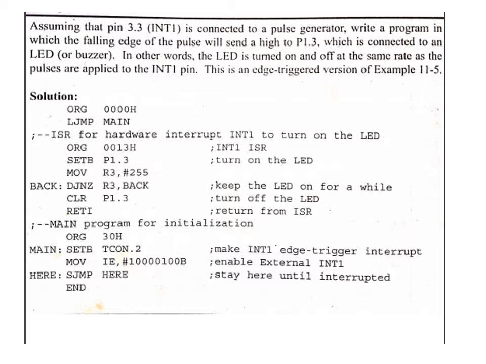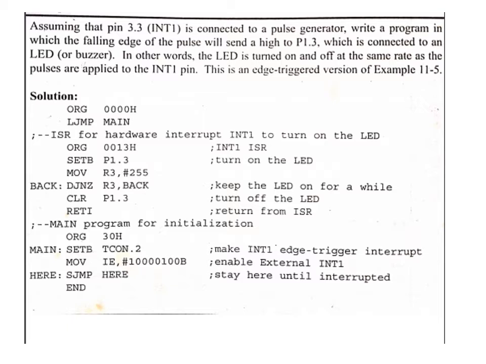Then continuously this instruction will be executed, and whenever the microcontroller is interrupted, here we know the microcontroller gets interrupted at the falling edge, whenever there is a transition from logic 1 to logic 0. Okay, and we know that port 1 pin 3 is connected to an LED or a buzzer. Here we assume that it is connected to an LED. So for some duration the LED has to be in the on state. So R3 is loaded with some value, that is 255 in decimal, FFH in hexadecimal.